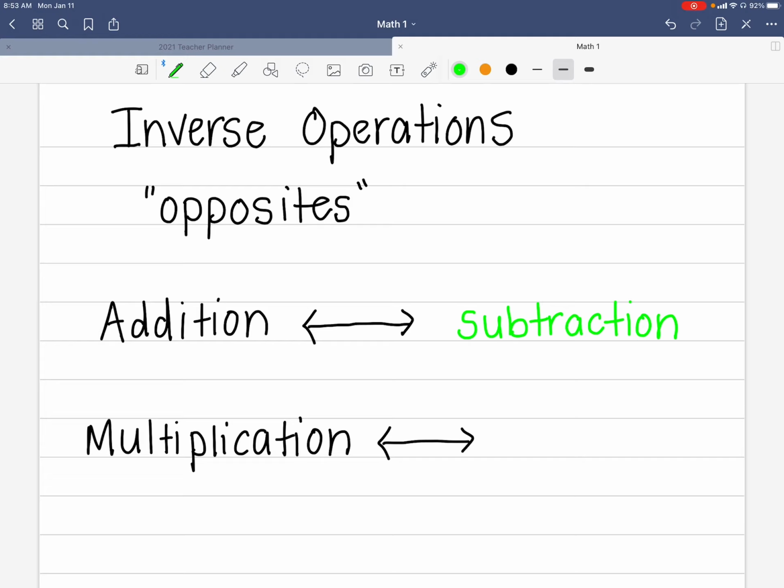If I have multiplication, my inverse value is going to be division. And if I have division, my inverse value is multiplication. That is how we undo something. If I'm adding $3 to my pocket, I'm going to subtract the $3 from my pocket to undo that.